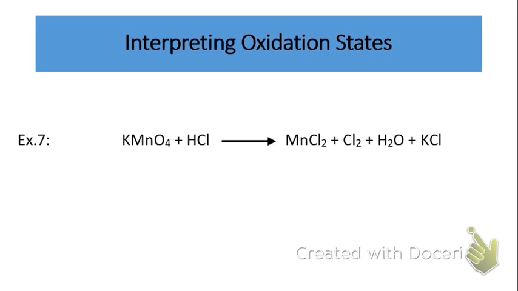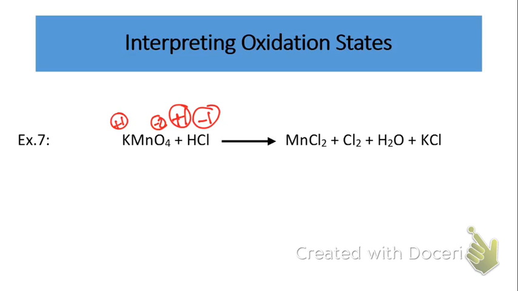Okay, so let's assign some oxidation numbers here. This is easy, -1 for the chlorine, +1 for the hydrogen. Oxygen here is going to be -2 because it's not a peroxide. Potassium is always +1.